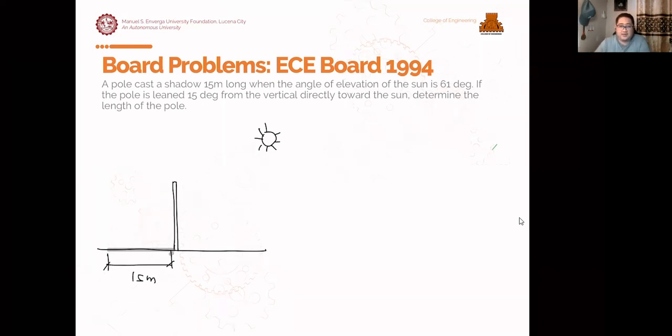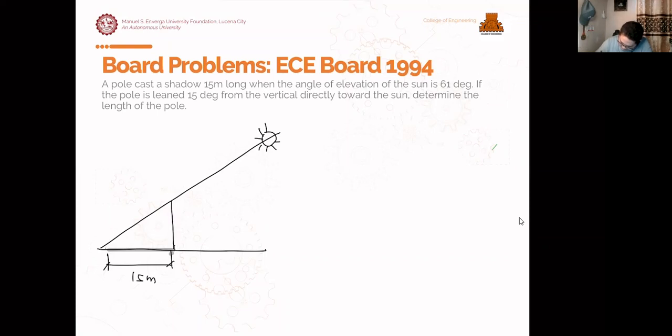The angle of elevation of the sun is 61 degrees. So, ibig sabihin from dun sa shadow, papunta dun sa sun. Tama ba? Bawasan natin yung pole para tumama lang doon sa triangle natin.